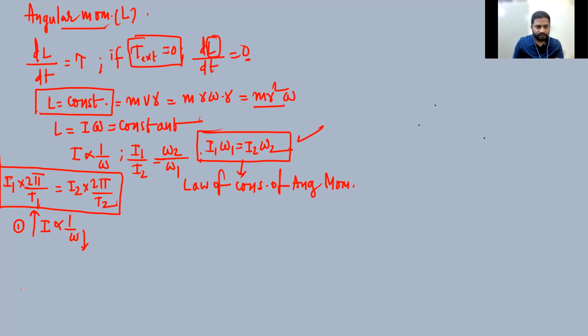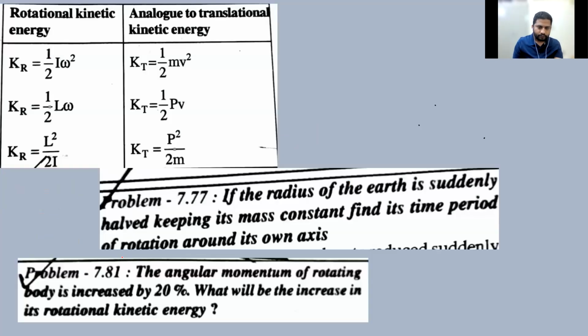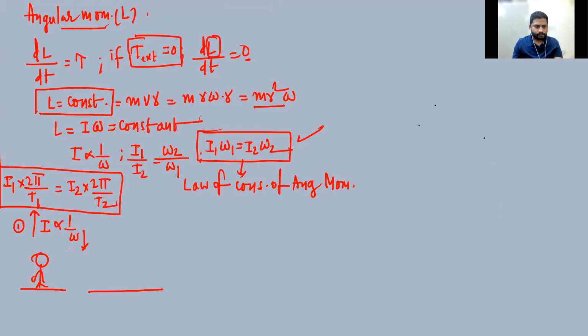Imagine this is the ground and this is also ground. There is one person who is rotating like this, and there is another person who is rotating like this.